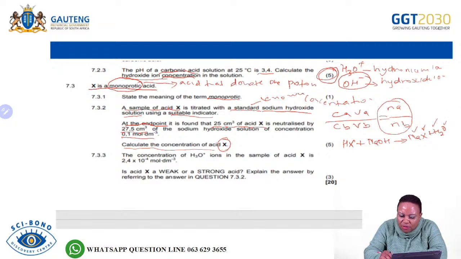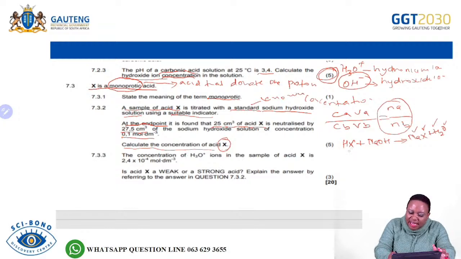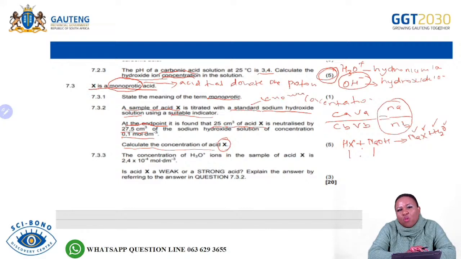We have 1 oxygen, so our equation is balanced. So it means the ratio in which the acid X will react with sodium hydroxide is 1:1. Therefore, we already know what is Na and what is Nb. Na is 1, Nb is 1. How did we know that? We knew that by balancing the reaction between acid HX and sodium hydroxide.